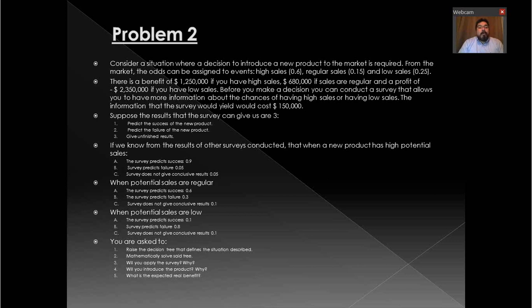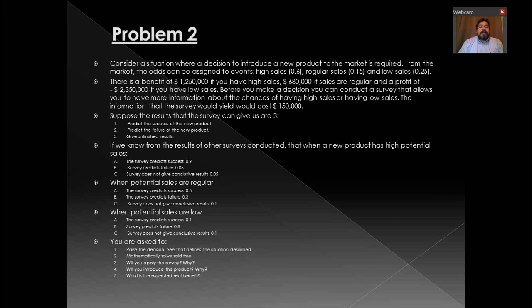Now, we know from the results of other surveys conducted in the past that when a product has high potential sales, the survey predicts success 90% of the time, it predicts failure 5% of the time, and it doesn't give conclusive results another 5% of the time.